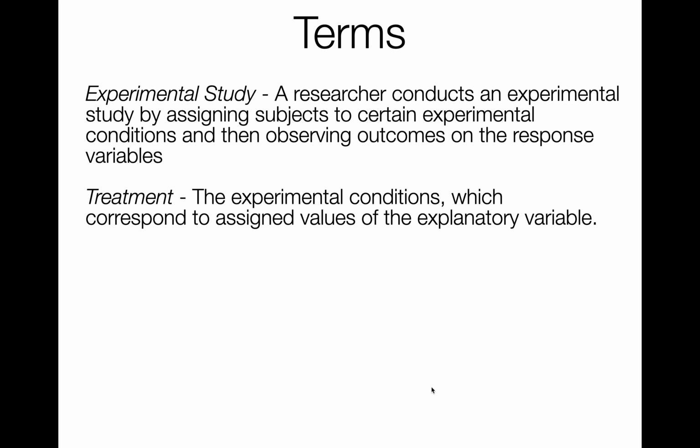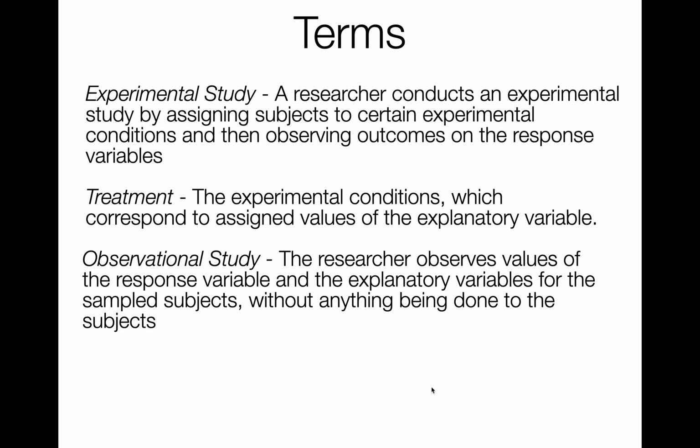Okay, and so some other definitions. A treatment is the experimental conditions that they're exposing the subjects to, which correspond to assigned values of the explanatory variable. So remember, back in chapter 3, we're dealing with more than one variable at a time, and so we need explanatory and response variables.